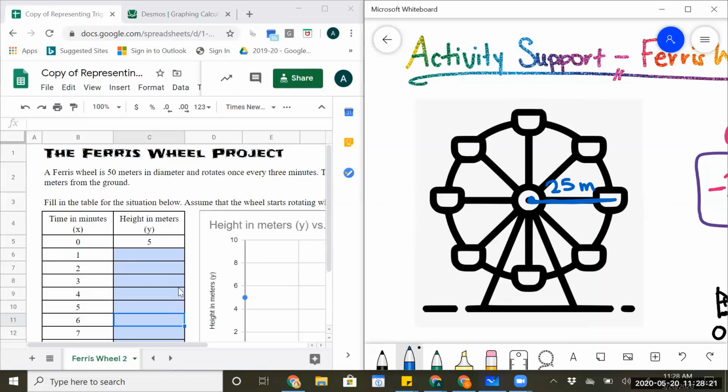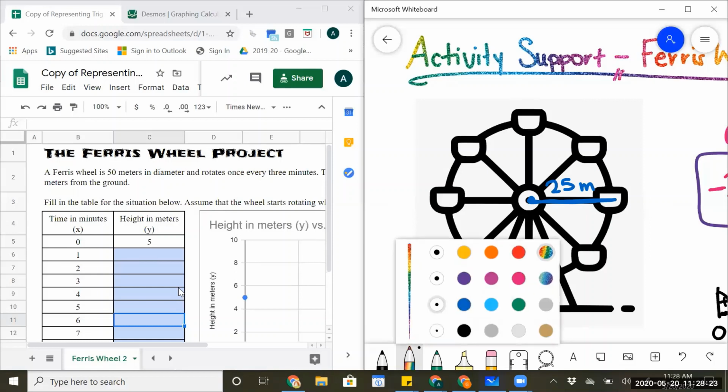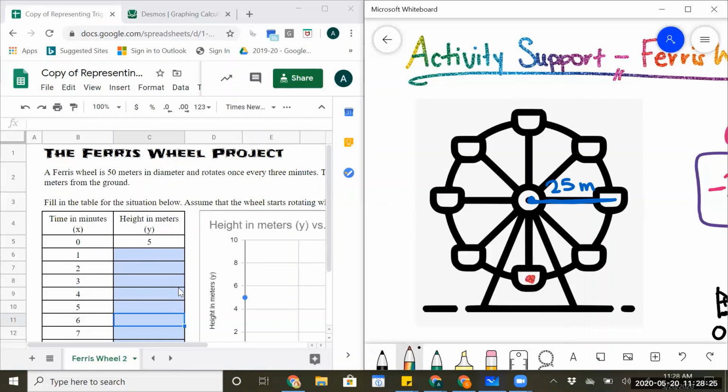I am also told that I'm starting here for 0 minutes. And when I travel around my Ferris wheel, when I get back to the beginning, it's been 3 minutes. So we're zooming around this Ferris wheel a little faster than the other one. Okay, 3 minutes to get around.